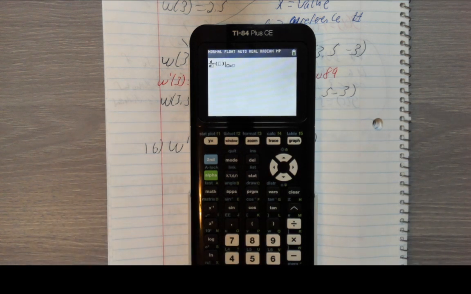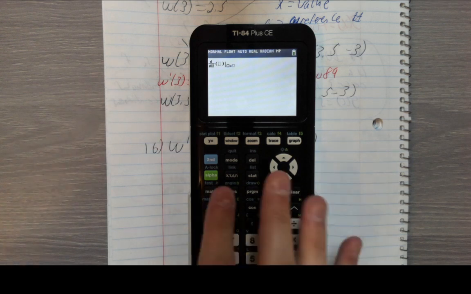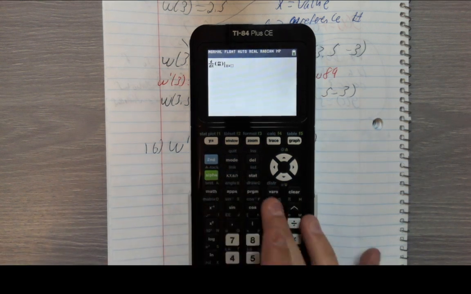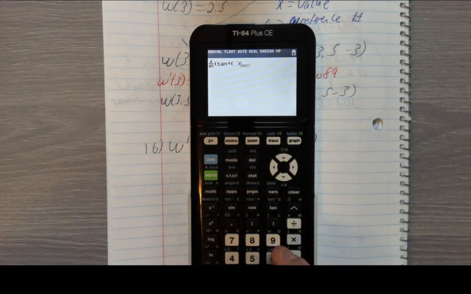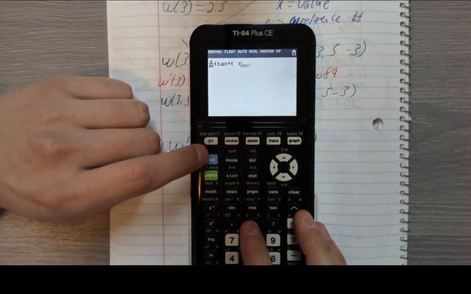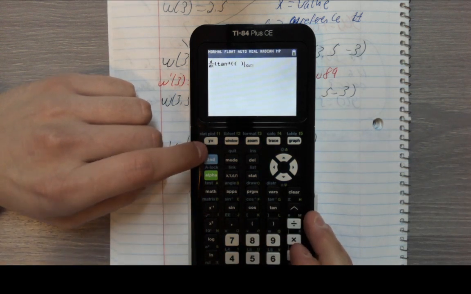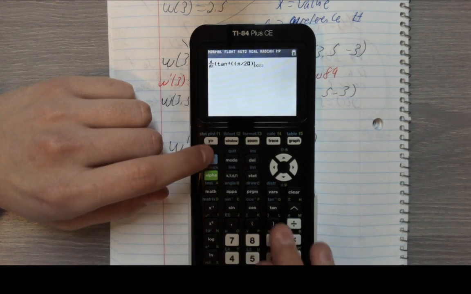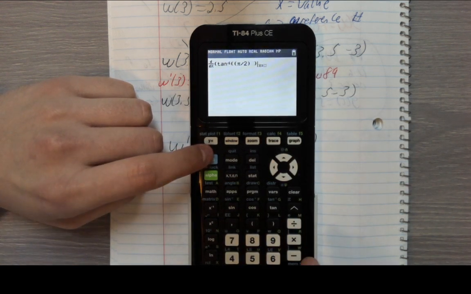We're always going to be with respect to x. It's always going to be our variable. I know in this case it's t, but we have to replace t with x. Now I'm going to plug in my function f. I'm going to do arctangent, which is the same thing as tangent inverse, in parentheses. Then another set of parentheses with pi over 2, close those, and then minus another set of parentheses.